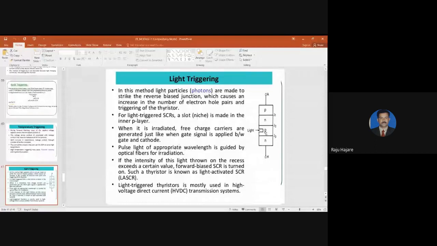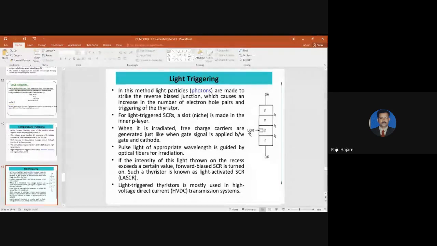That provision is made in the fabrication process itself. You may not fully understand it, just understand that there is a method of light triggering, a way to turn on the SCR with the help of light. That possibility is also there.